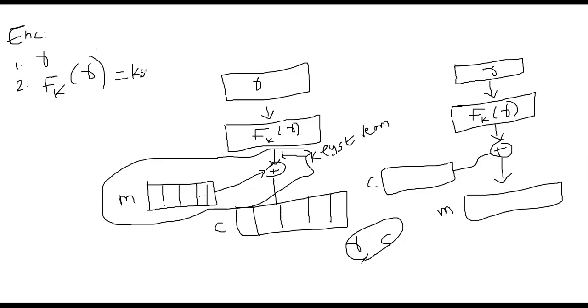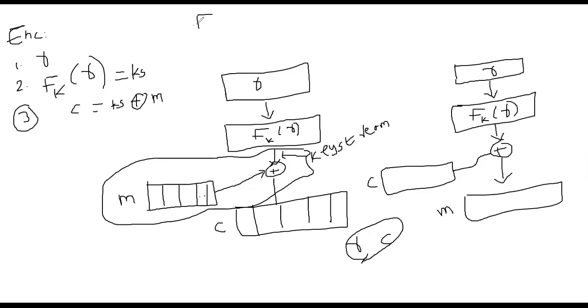And then the third step, we produce the ciphertext by taking the key stream and XORing it with the message. Okay, I'm going to make some assumptions here, of course, because XOR only works if the corresponding bit vectors are of the same length.